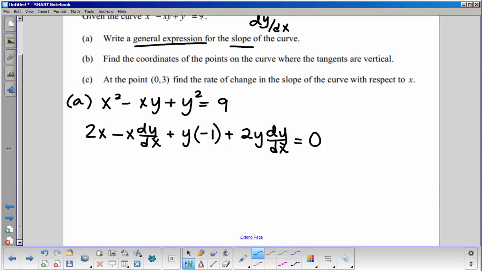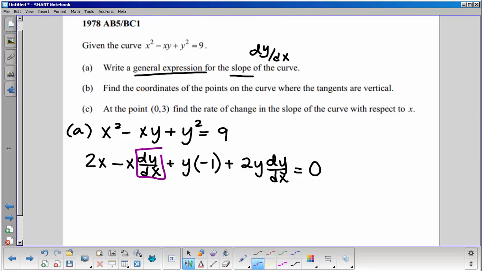I do have a question. How come you only put the dy/dx when there's an exponent higher than 1? Like in xy, when you found the derivative of that.